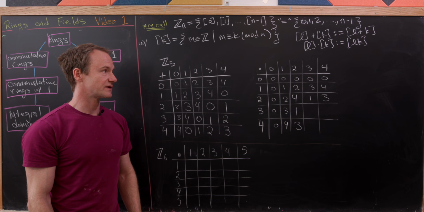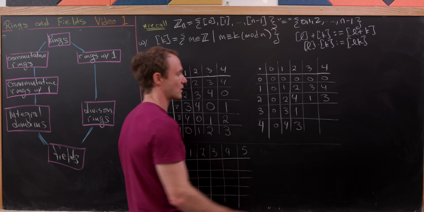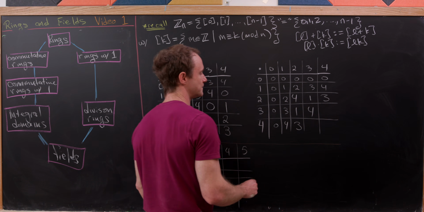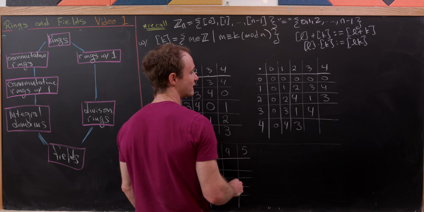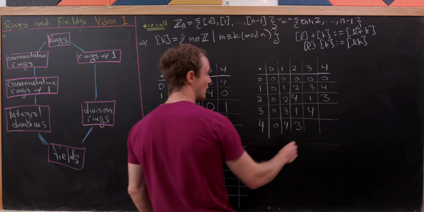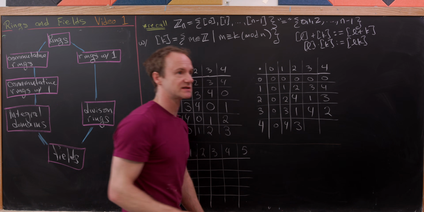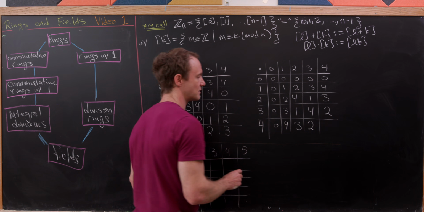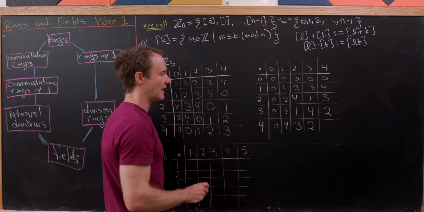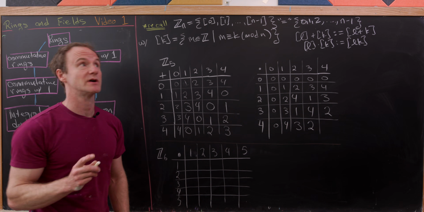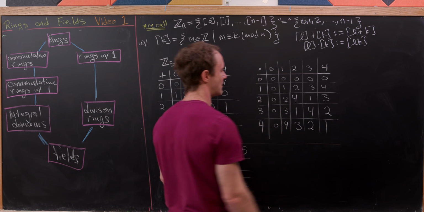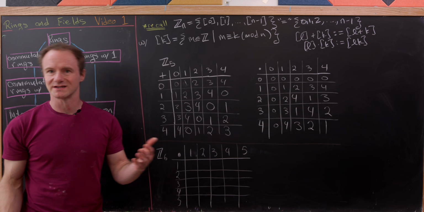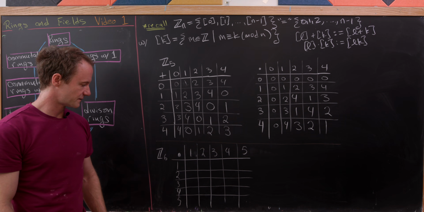Now, 3 times 3 is 9, but 9 is 4 mod 5, so we'd put a 4 here. 3 times 4 is 12, but that's going to be 2 because it's 2 more than 10. We can fill in the 2 here because of the commutativity of multiplication. And then we have 4 times 4 is 16, but notice that 16 is 1 mod 5. So there 4 is its own inverse mod 5.